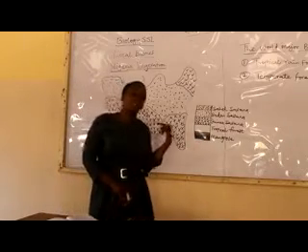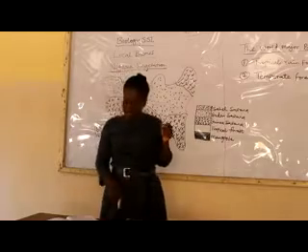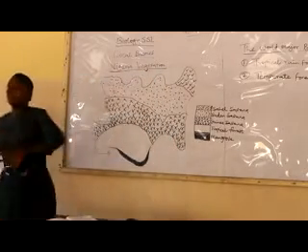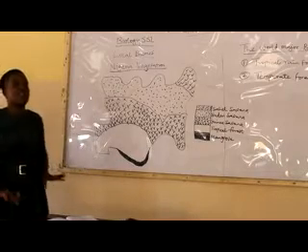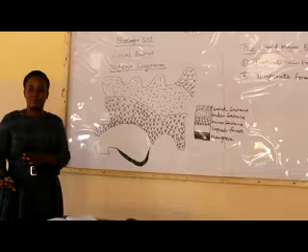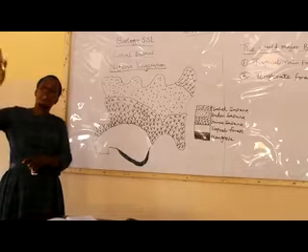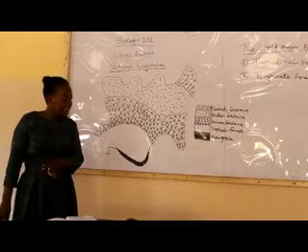I told you last time that deciduous trees are those trees that shed their leaves during the winter, or at a particular time of the year. The trees shed all their leaves and remain leafless for some time, maybe for 3 months, before you begin to see the new leaves coming up again.